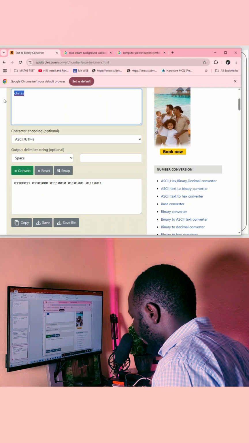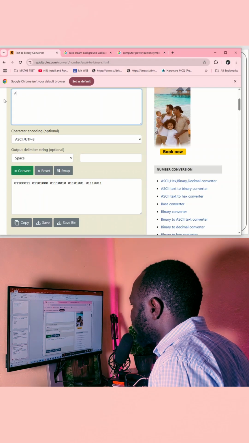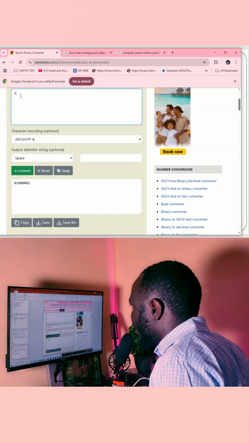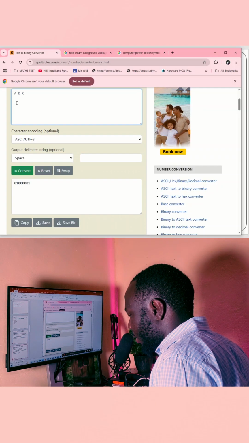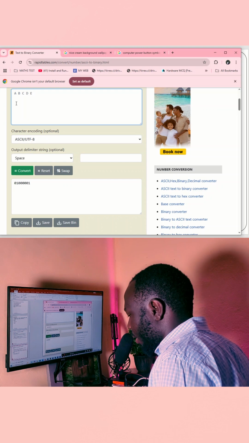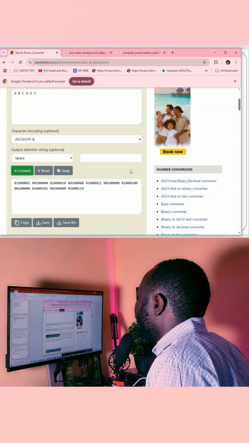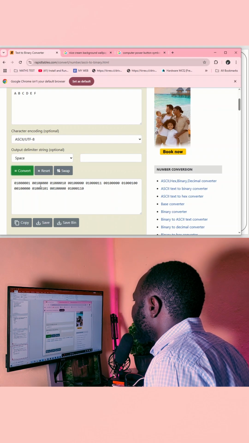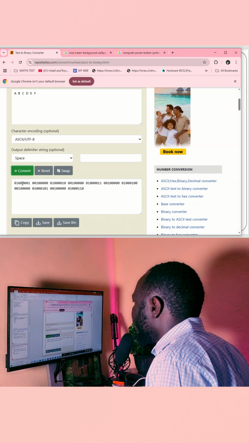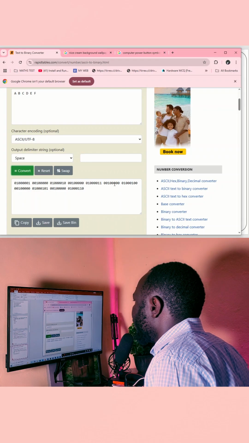If I put here A, you're going to see that is A. If I put B, C, D, E, F. Now, according to the computer, this is A, B, C, D, E, F. But then, I understand now why it's many.